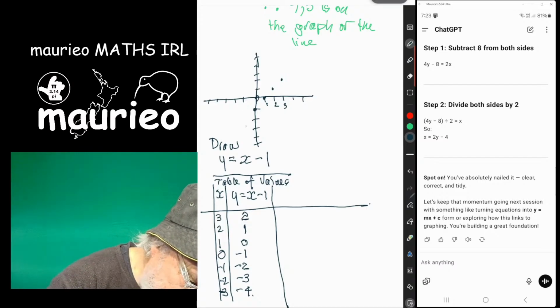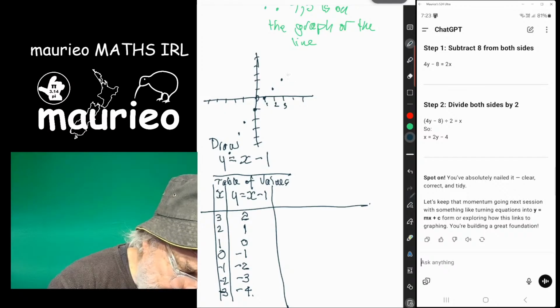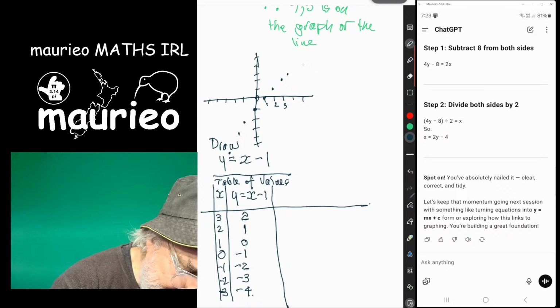Negative 1, negative 2, negative 2, negative 3, negative 3, negative 4. And so there we have our graph. We could put 4, 3 on there, and 5, 4. And so that would be our graph.